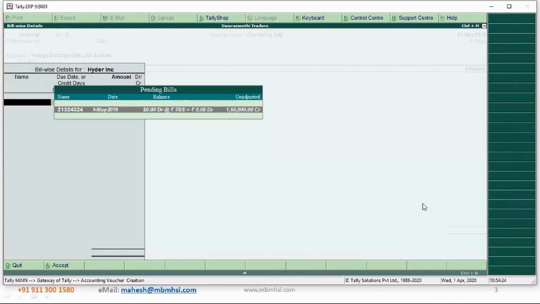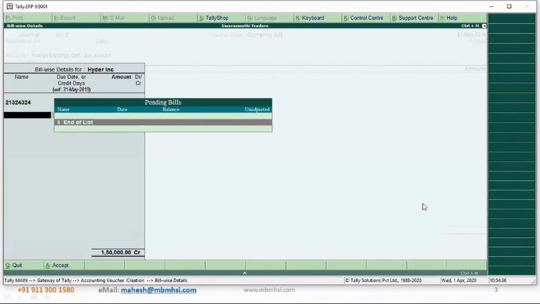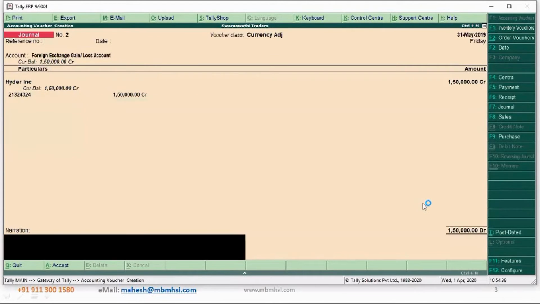Once you select the party, automatically it will list out all the pending bills of the foreign exchange. So select this and adjust this amount. So I'm just saying being loss on import purchase accounted.